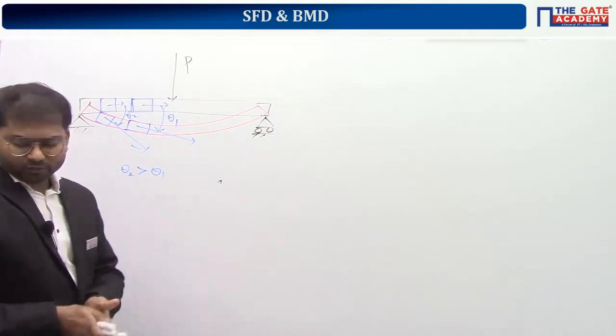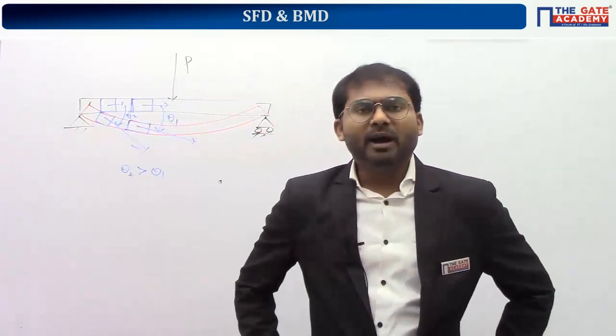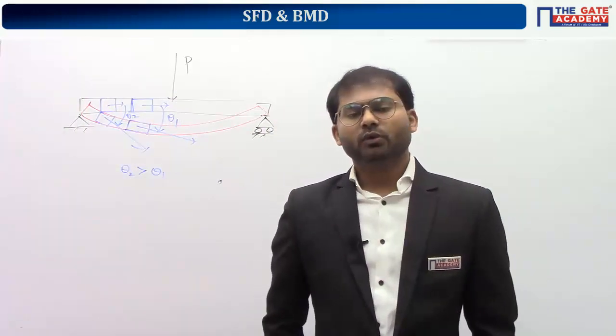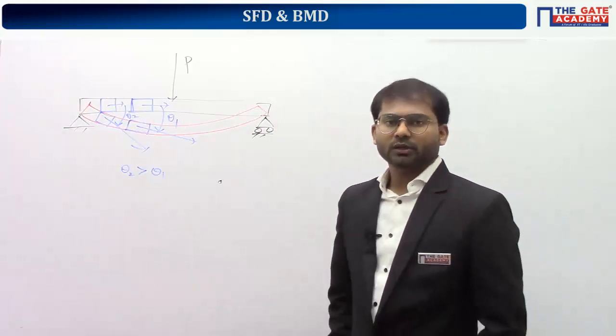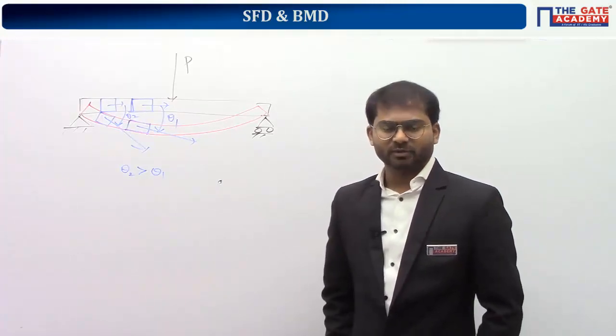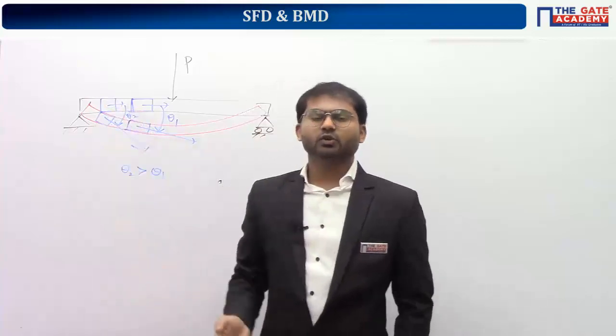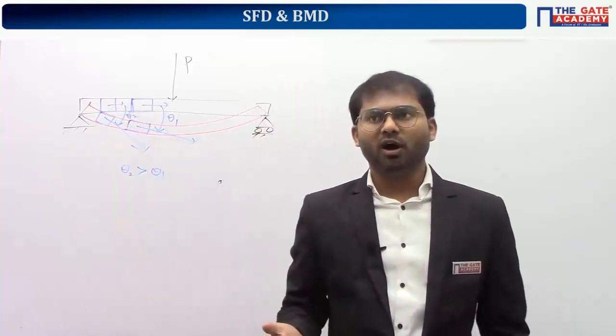What I would like to convey is the load P is acting at the center, but that is giving rise to rotation, a torque or moment at every point along the length of the beam. And every element is induced with a different value of moment.